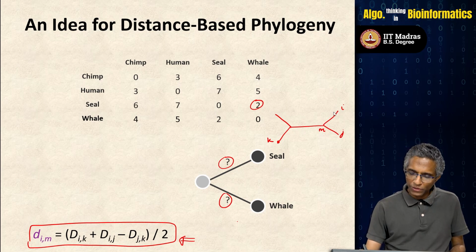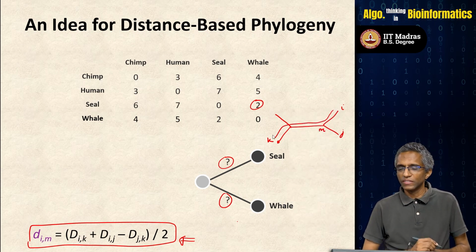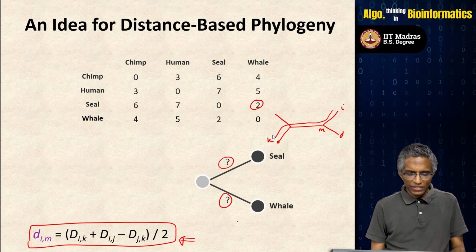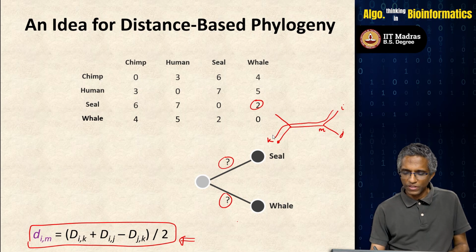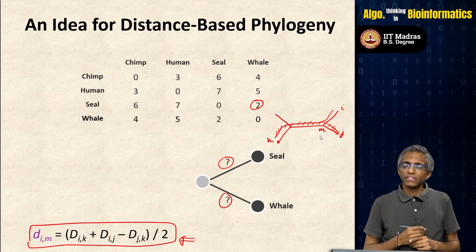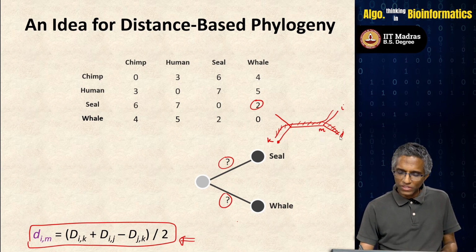In order to get d i to m, I just go from d i to k, this is d i to k, and then I subtract out d j to k. So, then this part is subtracted out. So, j to m is being subtracted. So, I need to add now d j to i, so that the subtracted one is again added back.